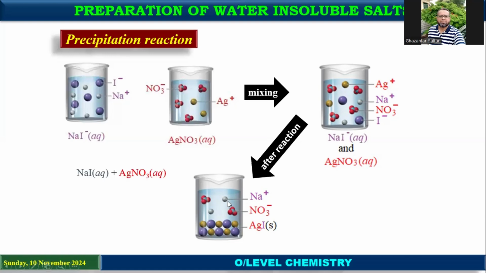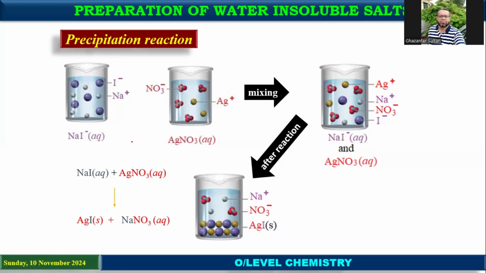This insoluble salt settles down or remains insoluble in the solution, while the other ions, which are the sodium ions and nitrate ions, remain as they were previously in their own solutions. So these are considered spectator ions. See the equation here, sodium iodide in aqueous state combined with silver nitrate, and they produce silver iodide and sodium nitrate.